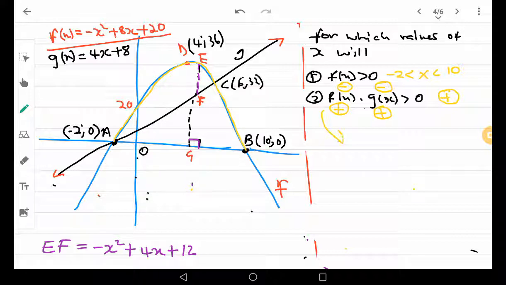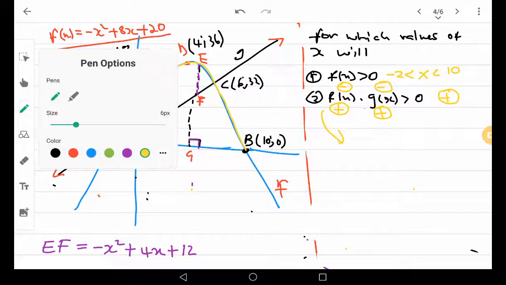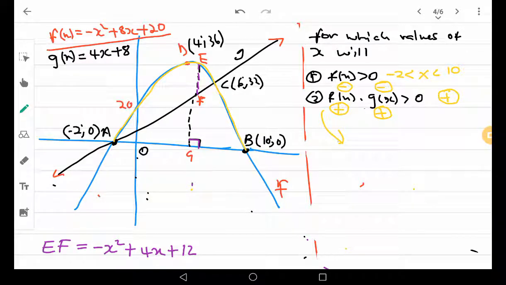So what is our answer for this one? From this side, they are all negative, so x must be less than -2.